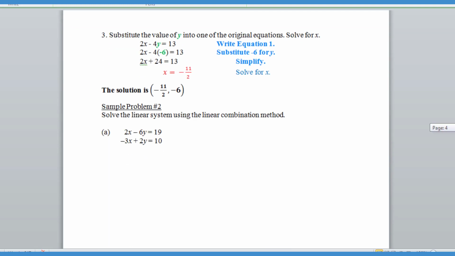And of course, once I have an x value and a y value, I can set those together as an ordered pair. So that is your brief example on using linear combination, or informally known as the elimination method, to come up with the solution for this system of equations.